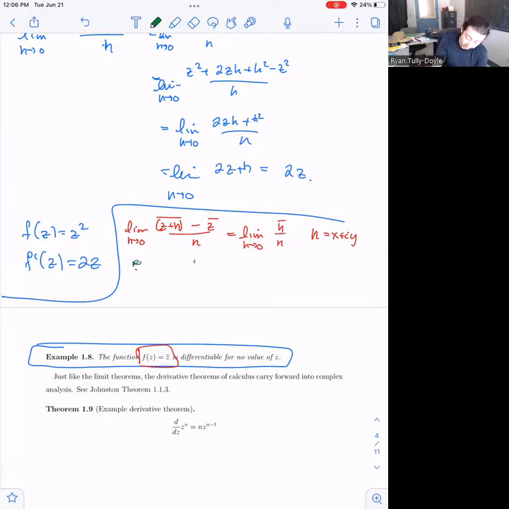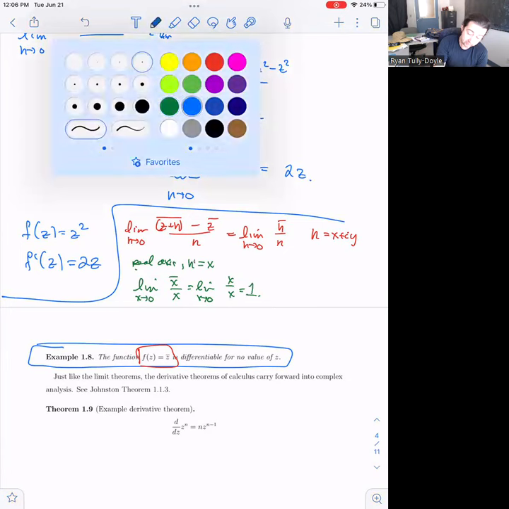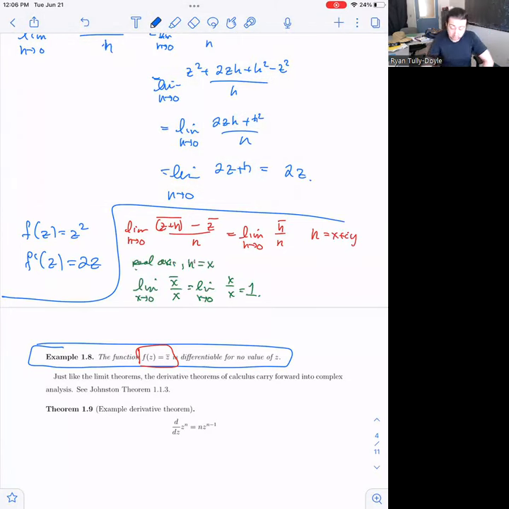If you come in on the real axis, so that h is just equal to x, then you get the limit as x goes to 0 of x bar over x. Well, those are real numbers now. X bar over x is just x over x, which is 1. So this limit is 1. What happens if you come into the same value along the imaginary axis?